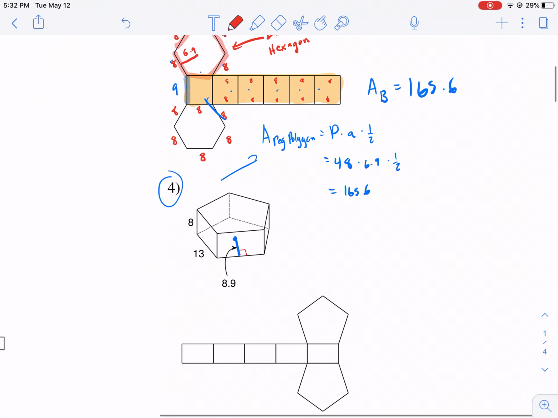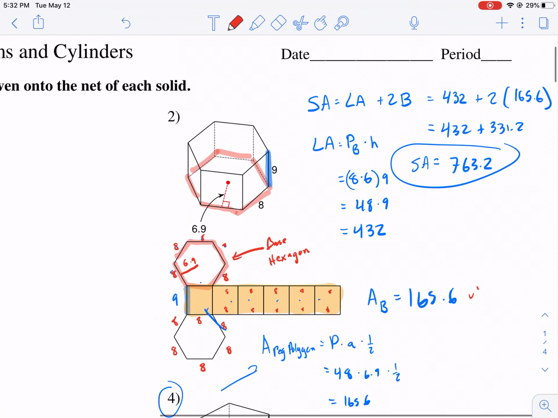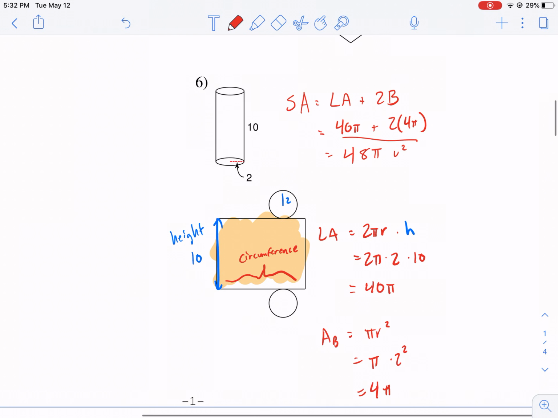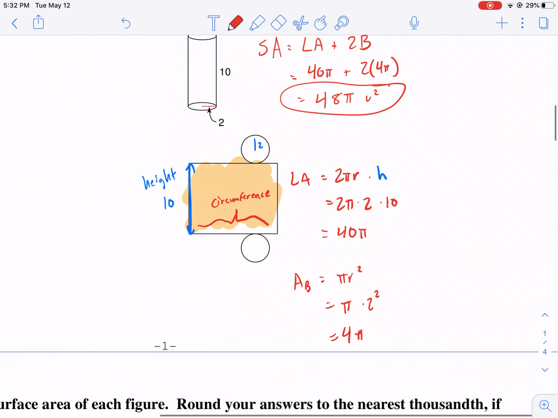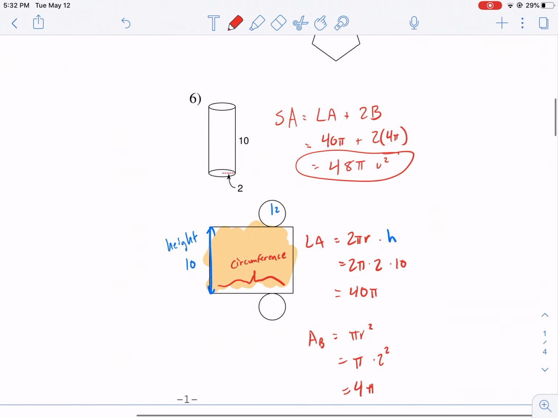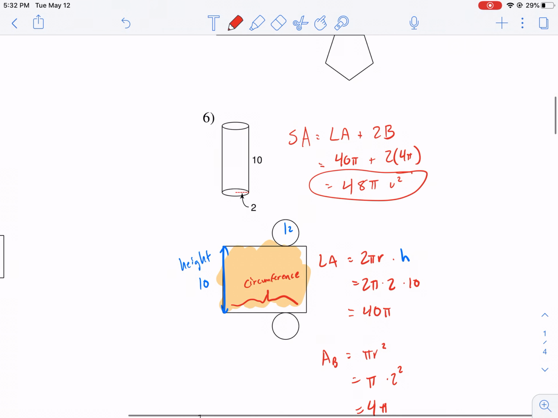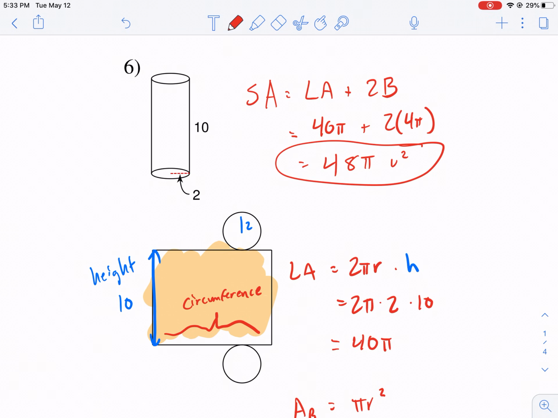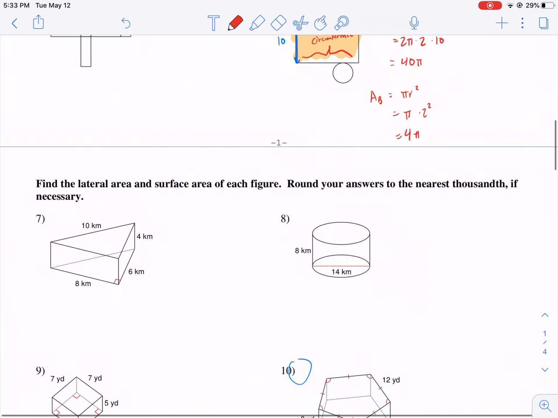I forgot to write unit squared on this guy. Unit squared. Okay, so we get 48 pi unit squared. Something else to consider, these 2 surface area formulas are exactly the same because when you do perimeter times the height, well, the circumference is technically the perimeter of this prism. Okay, so that's how you do cylinders.